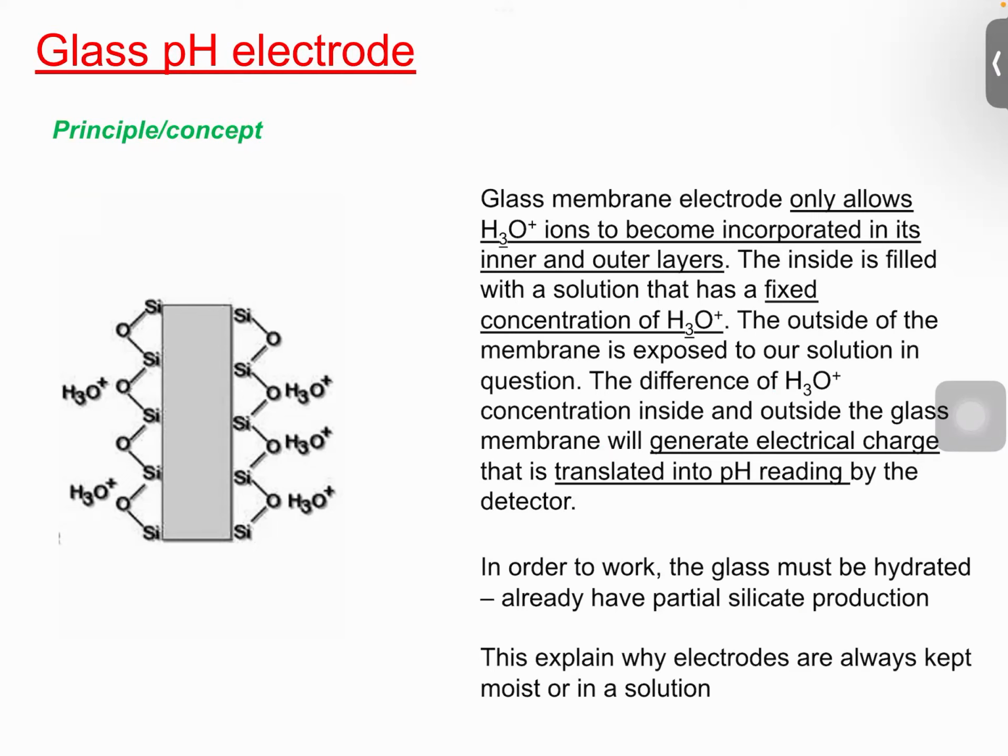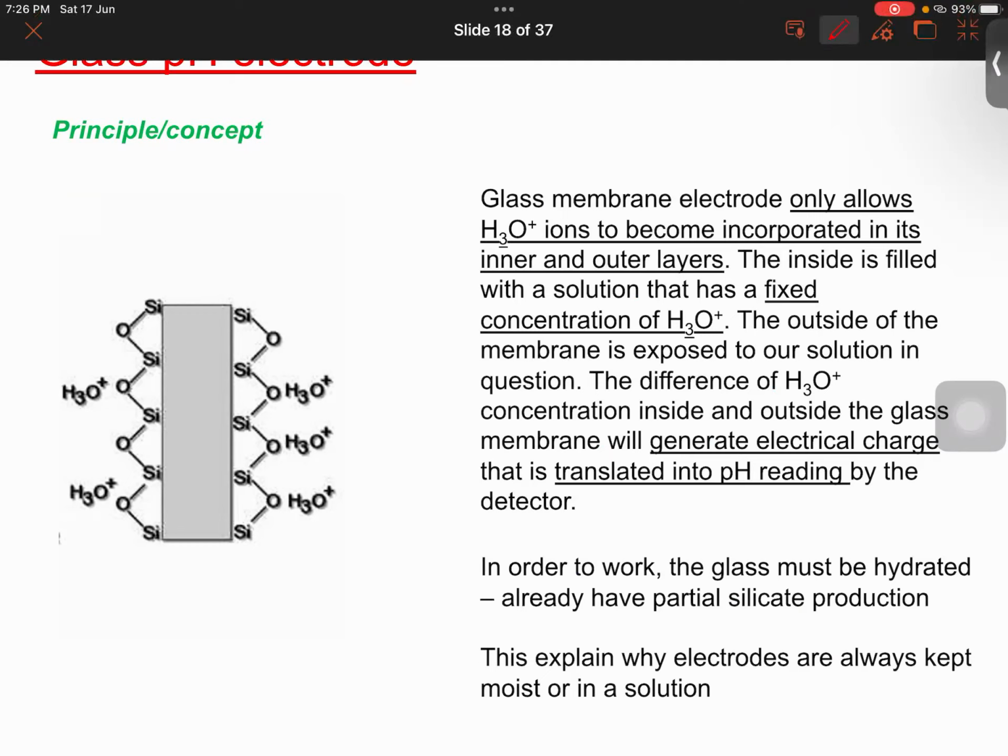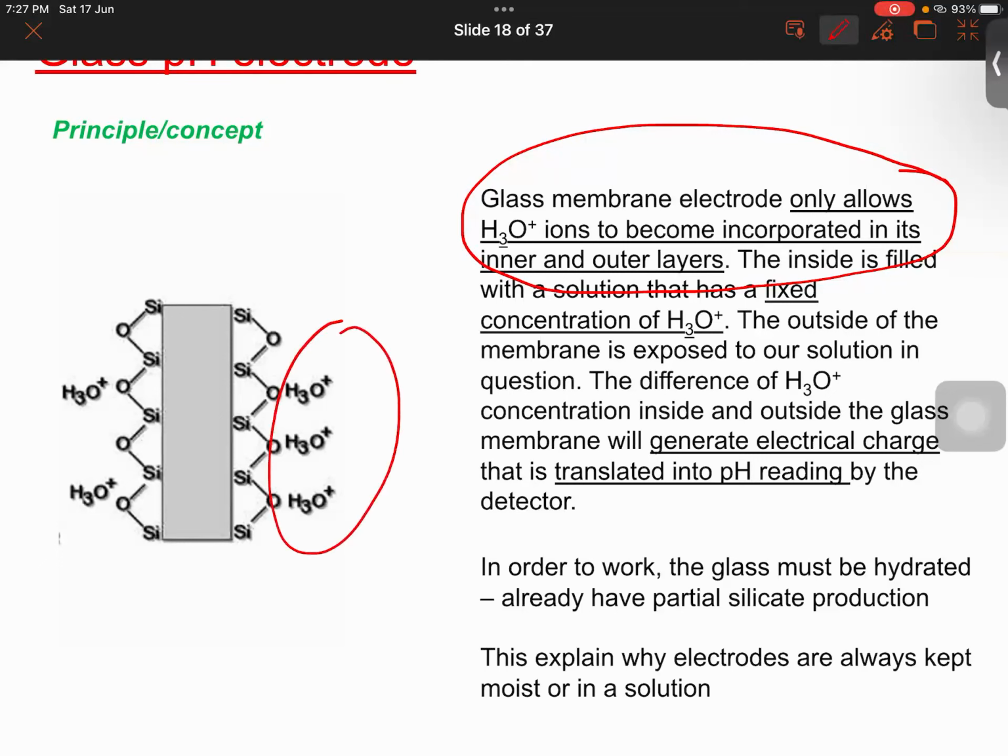You can see that glass membrane only allow, in this case, we are talking about a pH electrode. This is how it works, okay? The H plus ions incorporated in its inner and outer layer. This is outer layer, and the inside of the membrane electrode. The inside is filled with fixed concentration of H plus, okay?